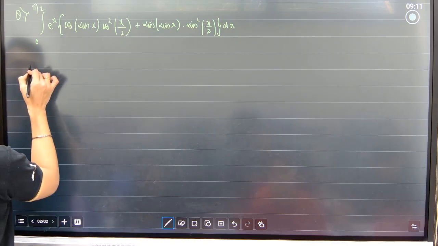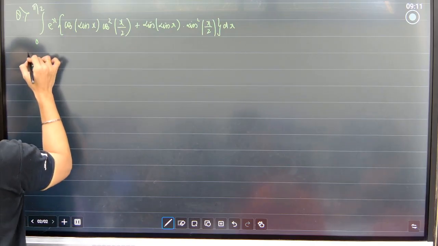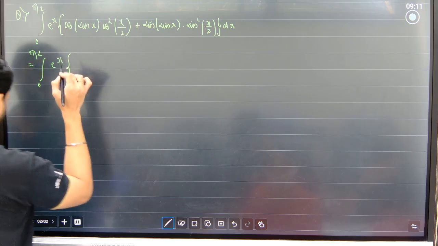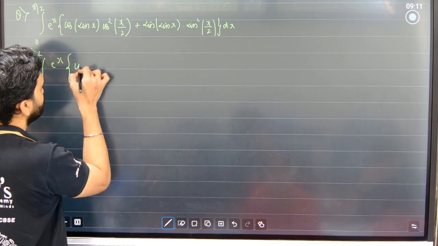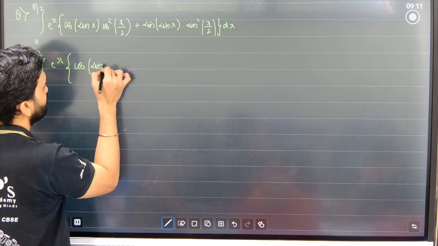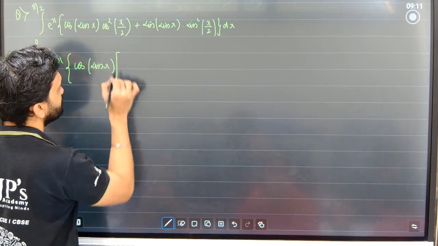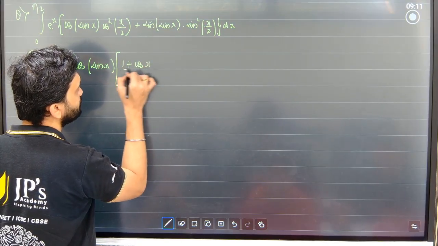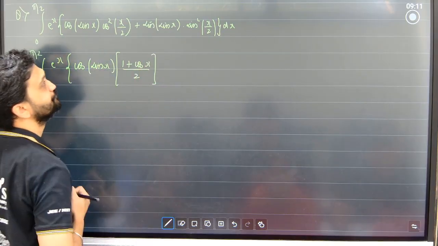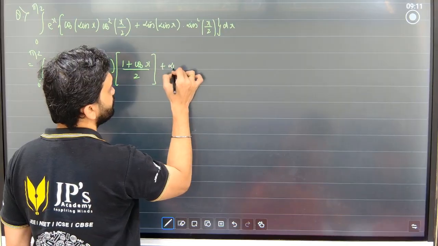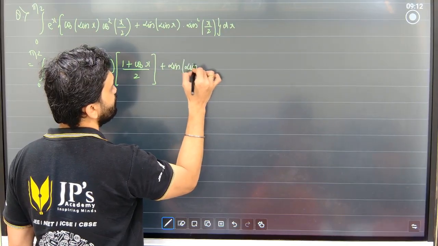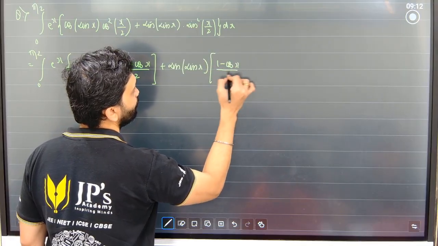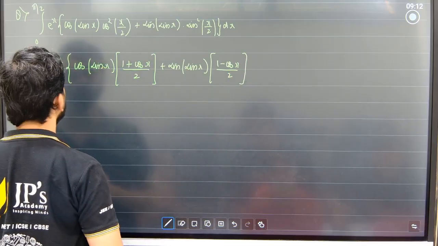Now I understand a very simple scenario. If I solve this sum, look at this. This will become cos of sin x, and if you check this, cos square x by 2 is 1 plus cos x by 2, plus sin of sin x into 1 minus cos x by 2.